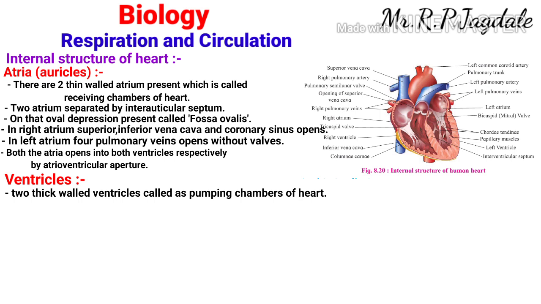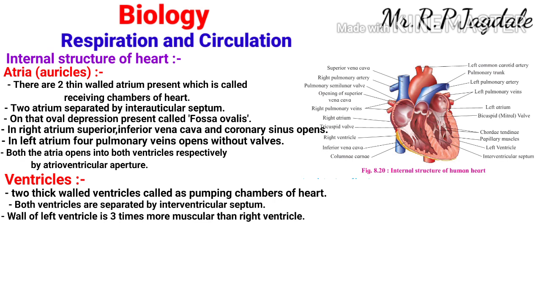These are called the pumping chambers of the heart. Both ventricles are separated by the interventricular septum. You can see in the diagram that the wall of the left ventricle is more muscular than that of the right ventricle. It is about 3 times more muscular than the right ventricle.